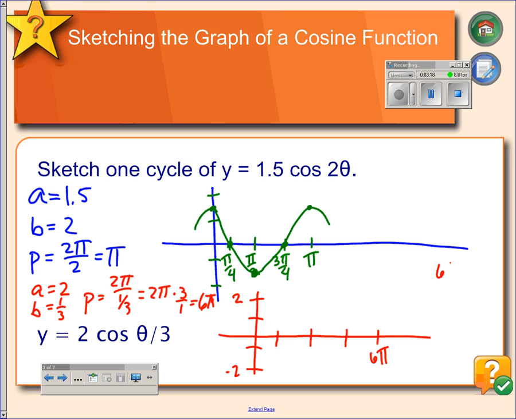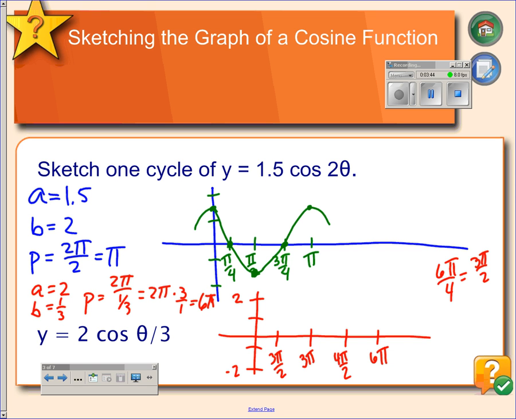So if we take 6 pi and divide it by 4, we get 3 pi halves. So that's our first value. 3 pi halves plus 3 pi halves is going to give us 6 pi halves, which is 3 pi. Add another 3 pi halves to that, and we will have 9 pi halves.